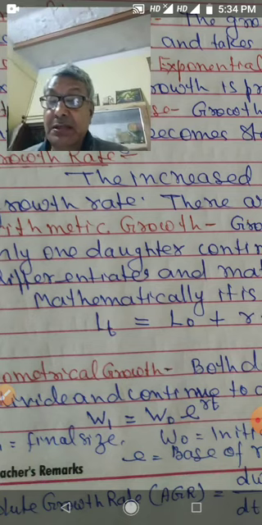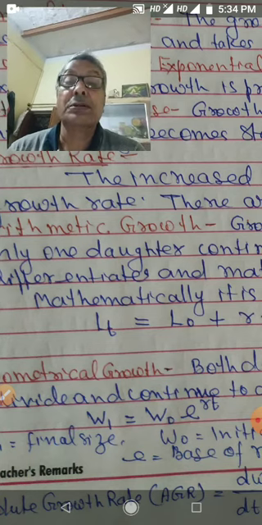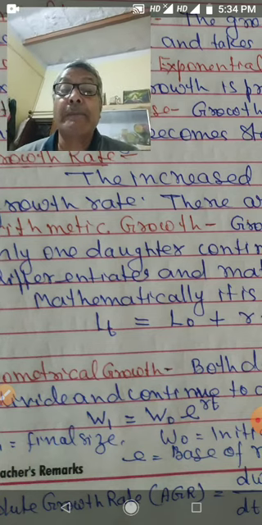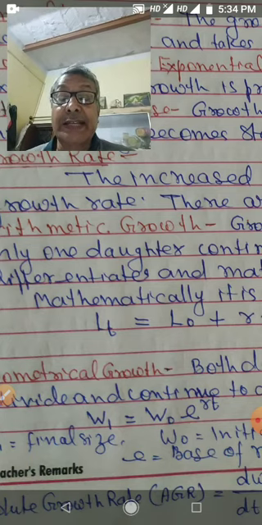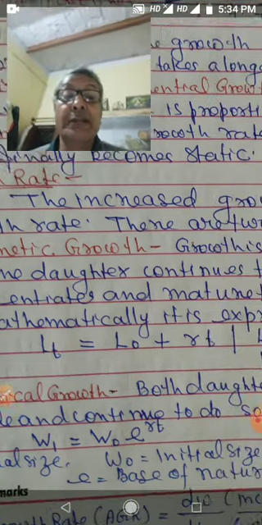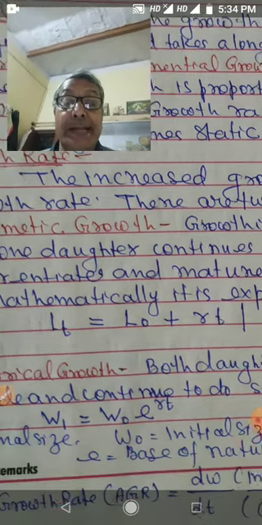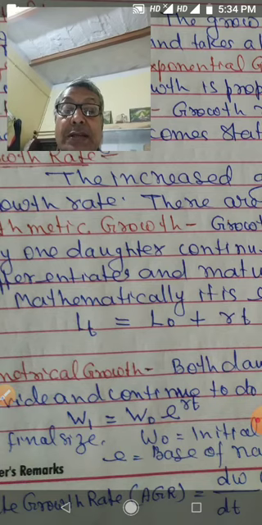So arithmetic growth and geometrical growth we can represent by mathematical expression. Mathematical expression for arithmetic growth is Lt equal to L0 plus rt and mathematical expression for geometrical growth is W1 equal to W0 e power rt.